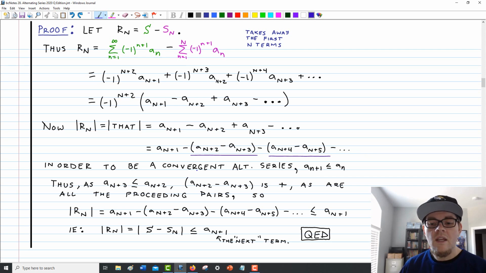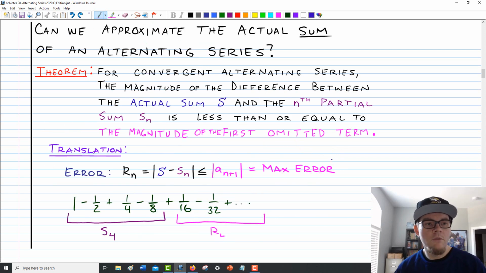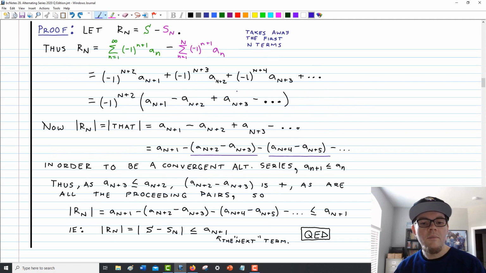But because this is a convergent alternating series, the terms have to be getting smaller, which means this one's bigger than the second one, so the entire difference in there is positive, because we're taking a bigger thing minus a smaller thing, and that means we're subtracting something positive. Over here it's the same thing, we're subtracting something positive. Over and over again we're subtracting something positive. And because we're subtracting something positive, that means that this value is smaller.